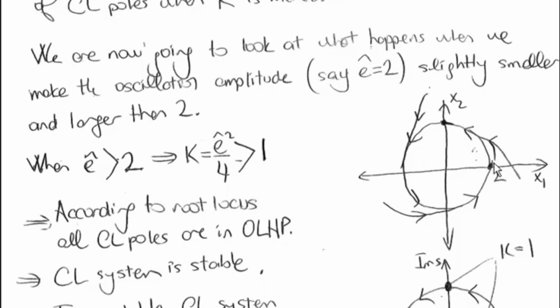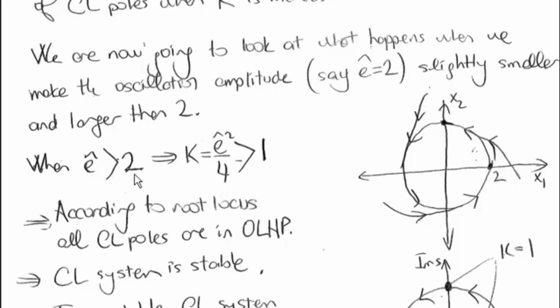It means that I'm actually making this oscillation amplitude just a little bit larger than E hat equal to 2. Let us now look at what is going to happen when E hat becomes just slightly larger than the original oscillation amplitude 2 here.